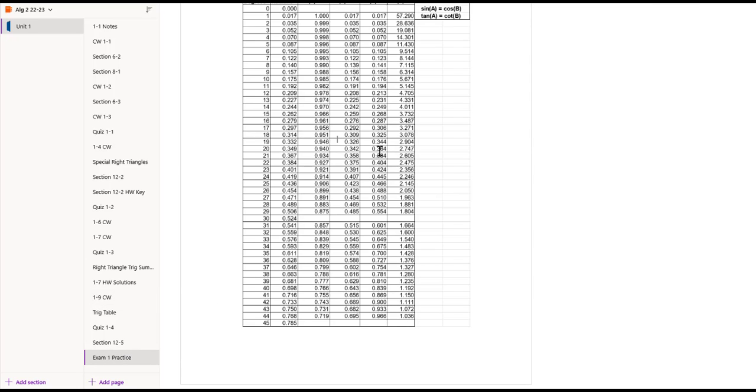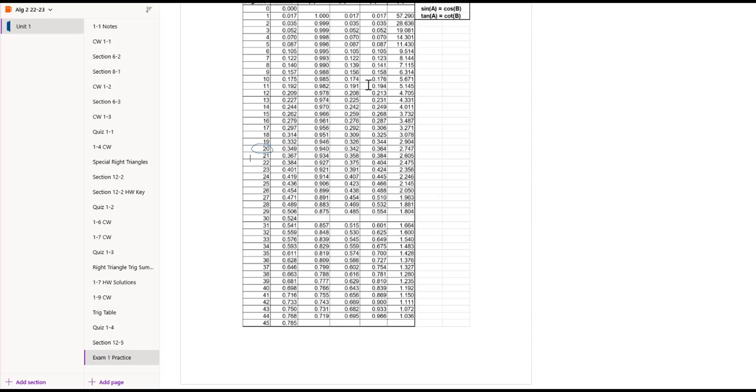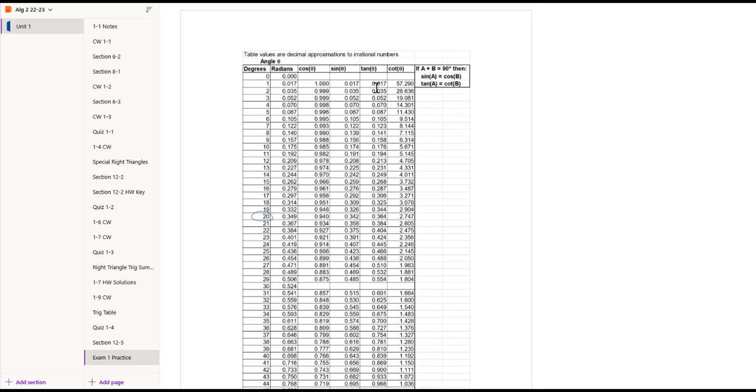So we go down to the table that I've provided on the back of the practice exam, and you find 20 degrees, and you look up the cosine of 20 degrees. I can't remember now, is it cosine or sine? We're using cosine. So we find the cosine of 20 degrees. Cosine is in the first column, and the cosine of 20 is right there. So it's 0.94 or 94%.